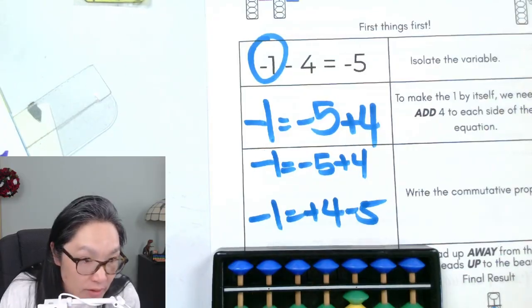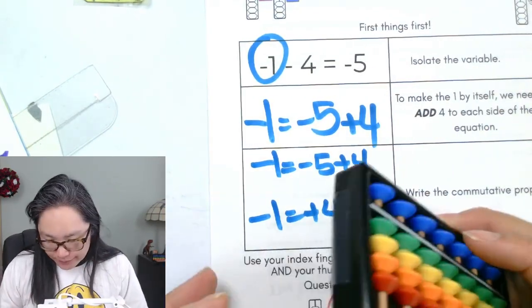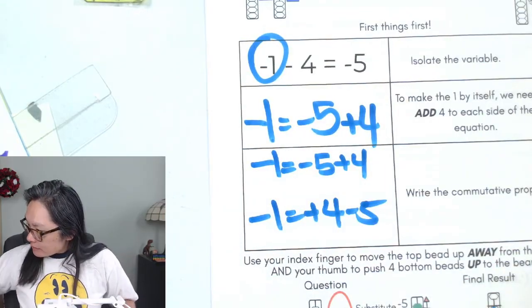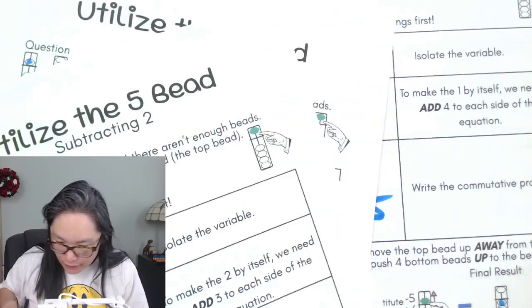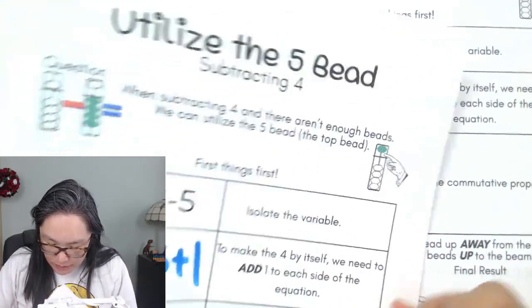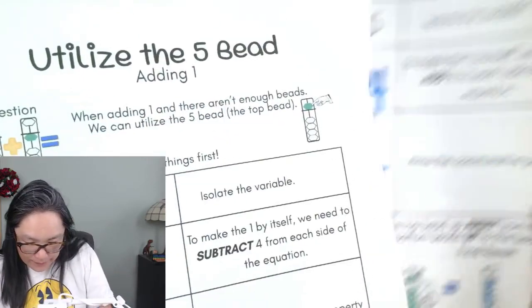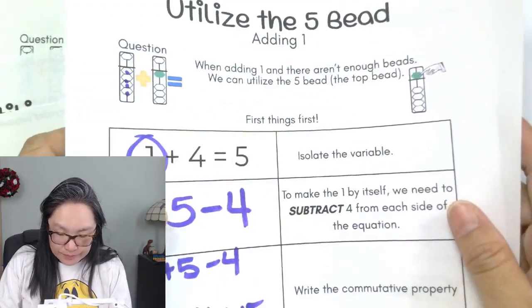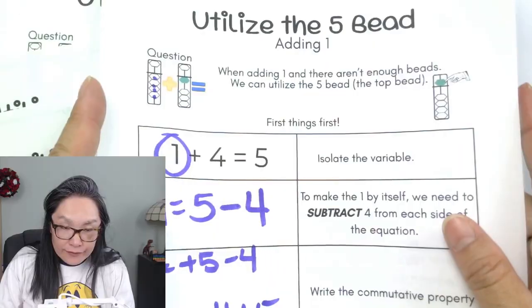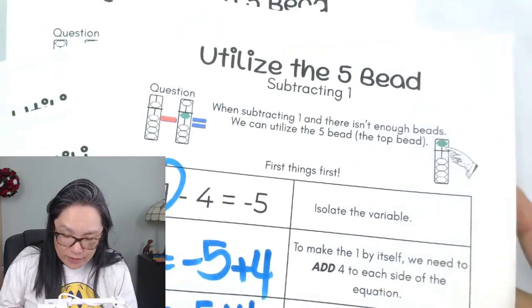Anybody have any questions? If not, I can continue on. So I think this is ready to be laminated. And what I was going to do is have it double-sided. So it's going to be like this. If I'm adding the 1 and I flip it, we have subtracting the 1.